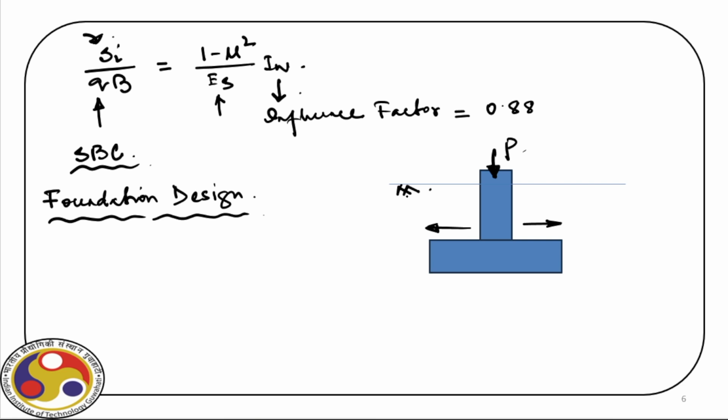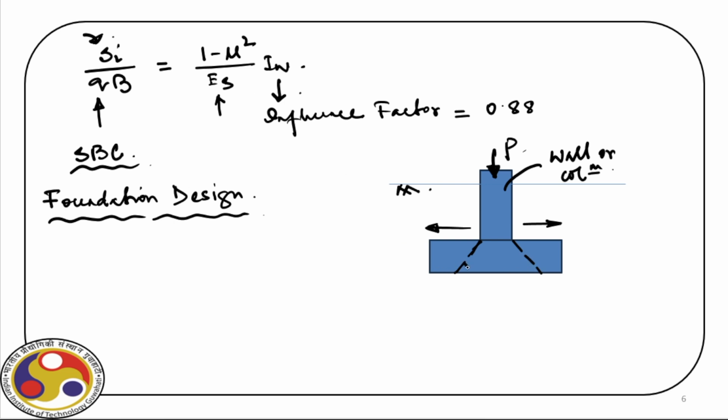Now, the area is actually limited by the compression that we are going to develop below this foundation. And for that, if we just draw a line, an angle here, as you can see, the load from this, it may be a wall or column, just below it will be distributed over a wider area.